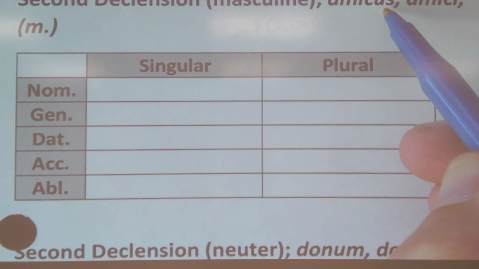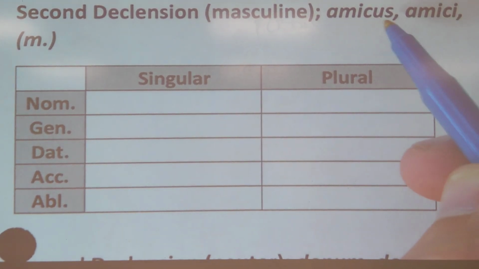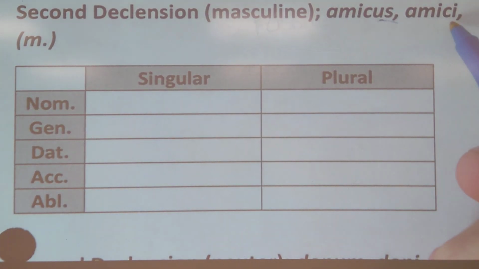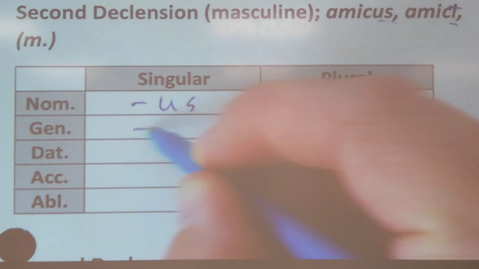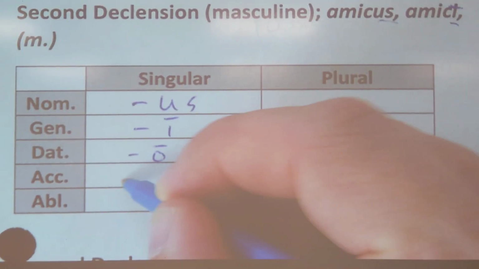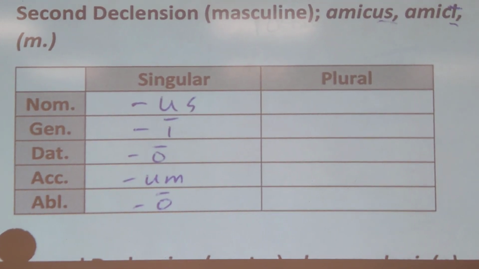Again, you can tell from our example noun, amicus, amici, that the first 2 endings are going to be us, i, and it should be a long mark. So us, i, o, um, o. Us, i, o, um, o.